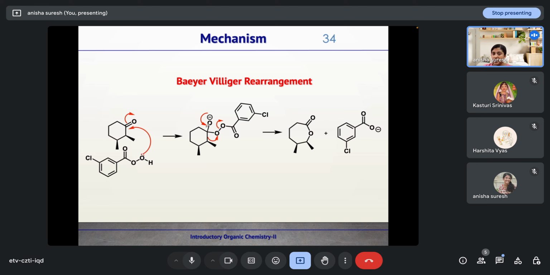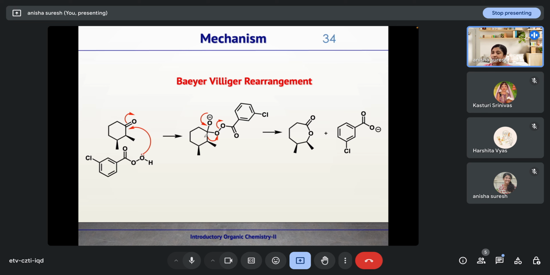So there are two ways. This bond can migrate or this bond can migrate. So here this bond is getting migrated and we will be getting this as the major product. What is the reason behind that? Here the carbocation that will be resulted will be secondary sort of, and here primary sort of.